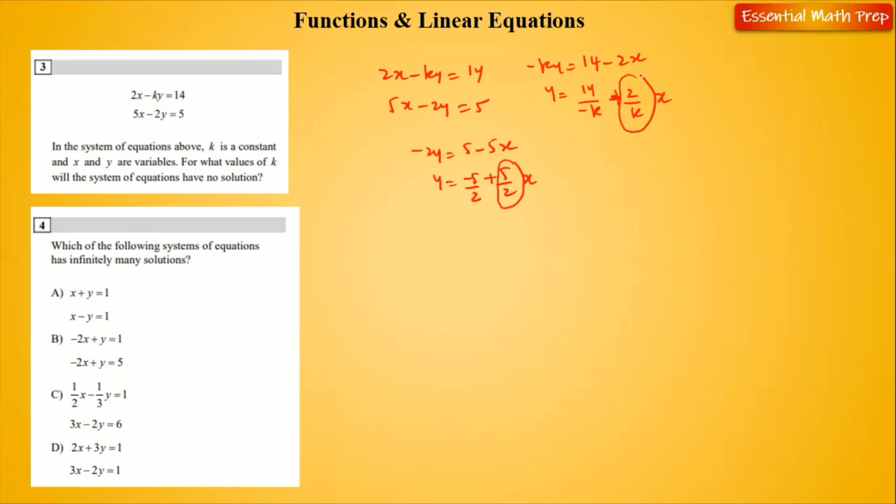So 2 over k equals 5 over 2. So 5k equals 4. So k equals 4 over 5. Essentially, we're comparing the two slopes for a system to have no solution, right?